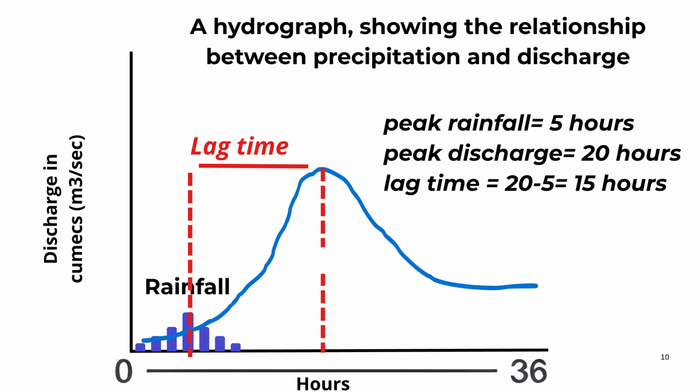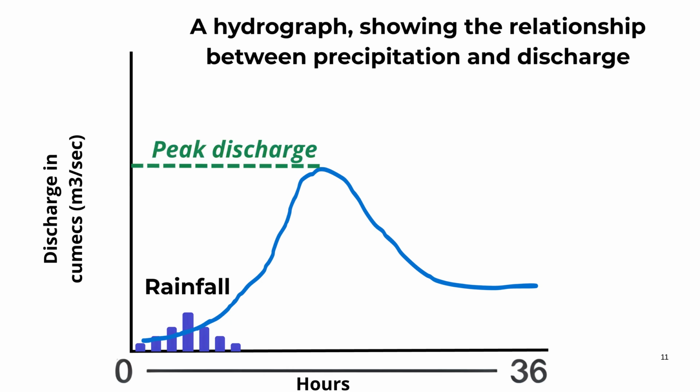That means it took 15 hours for all of that rainfall to reach the river and give maximum discharge. So peak discharge is really important, and it's really important that we read off and look at all the clues about this rain event.